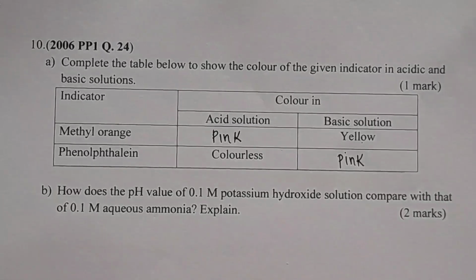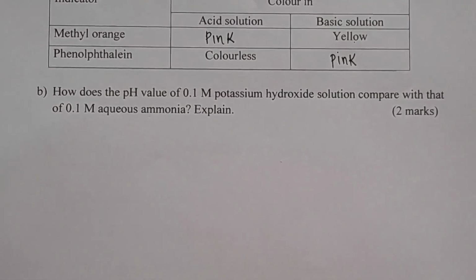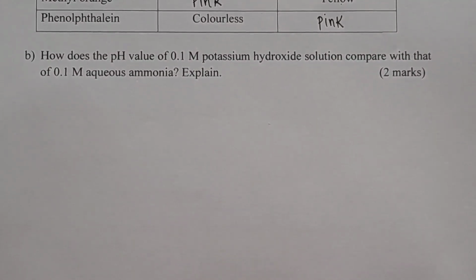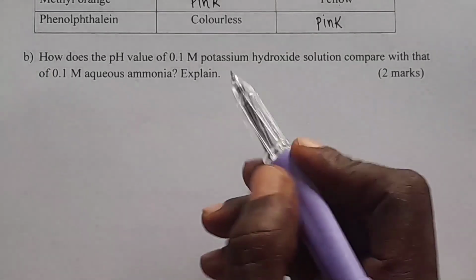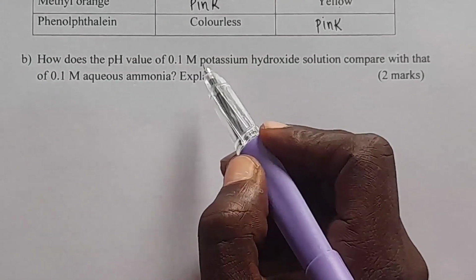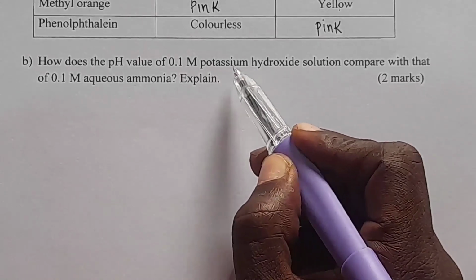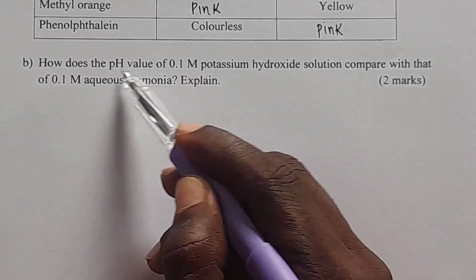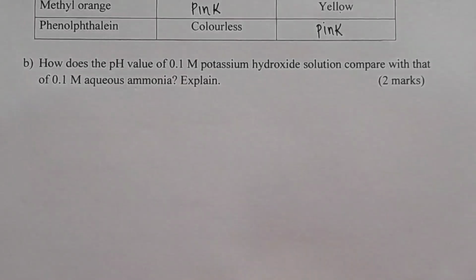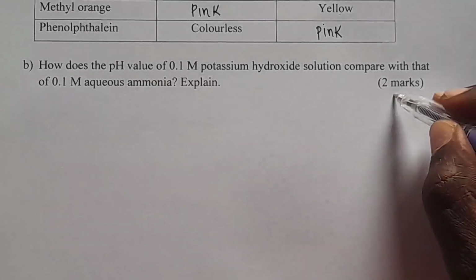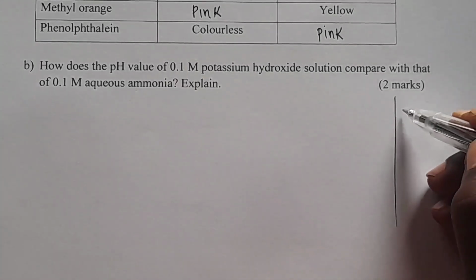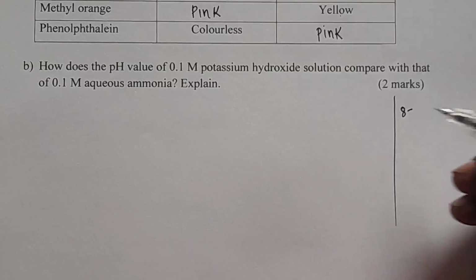So part B, we are told how does the pH value of 0.1 mole potassium hydroxide solution compare with that of 0.1 mole aqueous ammonia? Explain. So here we are comparing again the strength of bases, because potassium hydroxide and aqueous ammonia are bases, and we are using now the pH value to compare that strength. Okay, so we said when we are using pH value, we said bases have a pH value of 8 all the way to 14.